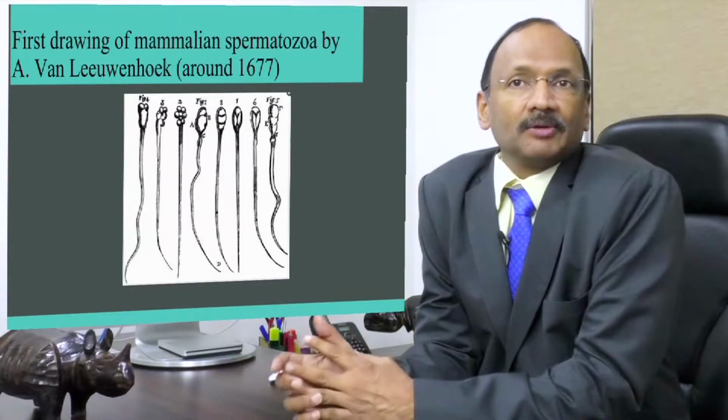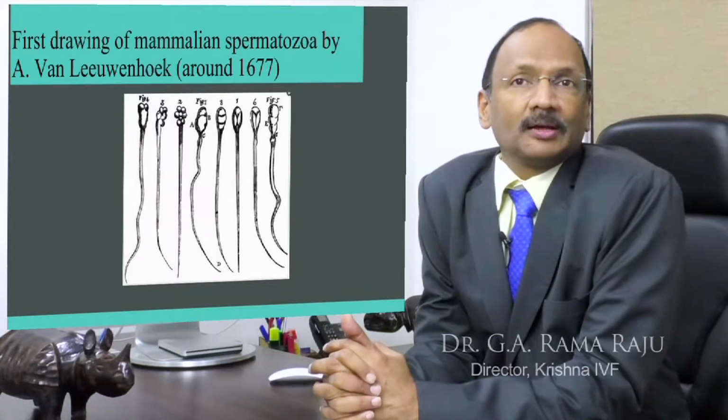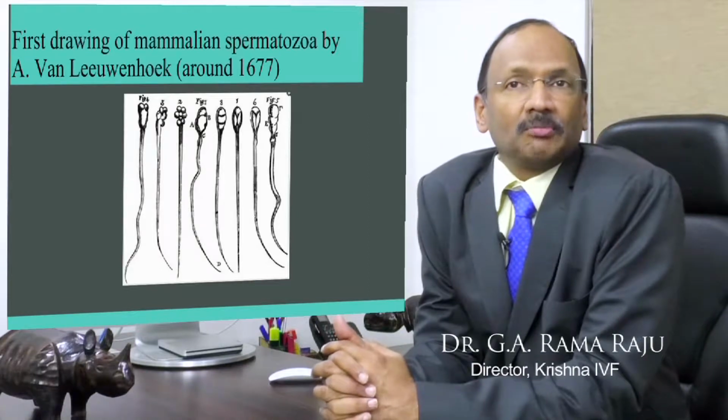In the next slide, you will be seeing how nearly 400 years ago Leeuwenhoek has described the morphological abnormalities of the sperm. In this slide, you are seeing how Leeuwenhoek was able to describe the different types of sperm morphology.